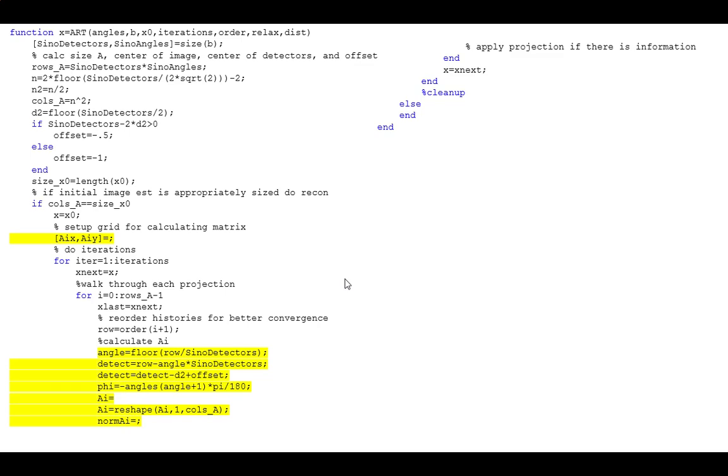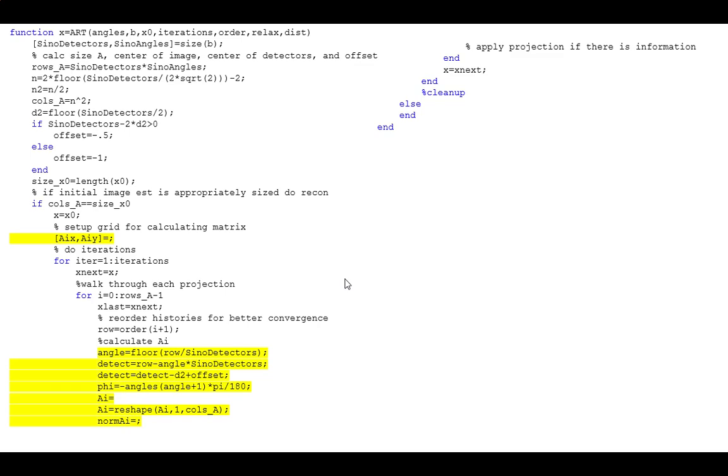That's my detector number. That make sense? So that's all I'm doing right here. My current row tells me how far down that thing is. That's where my dot is. Minus angle times sinodetectors just removes how many steps down. So that has to be the detector.